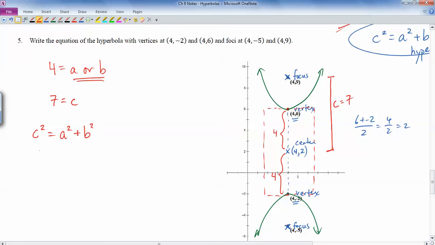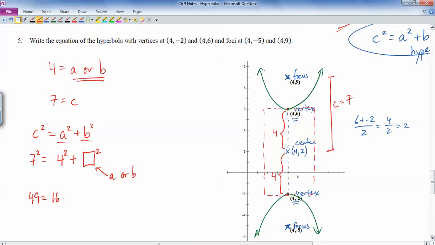So I know that C squared is 7 squared, and I know that equals either 4 squared plus B squared, or A squared plus 4 squared, because I don't know which one 4 is. But I know it's one of these two, and it doesn't matter which one. So I'm just going to put 4 squared plus A or B squared. The bigger one is going to be A, and the smaller one will be B.